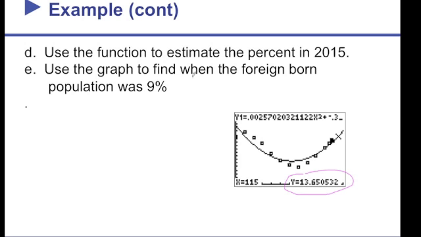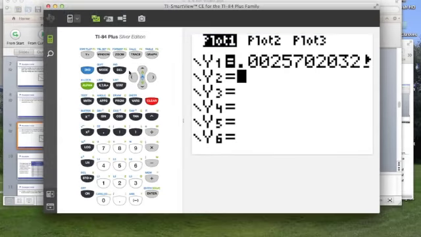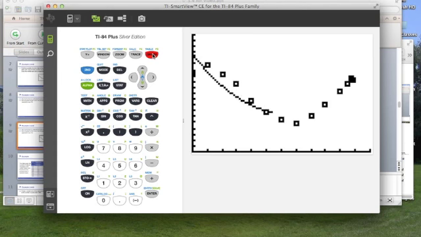Now we need to use the graph to find when the foreign-born population was 9%. So we're going to put a 9 in here for y equals 9. If we go to our graph, we'll find we have a line across when y equals 9.